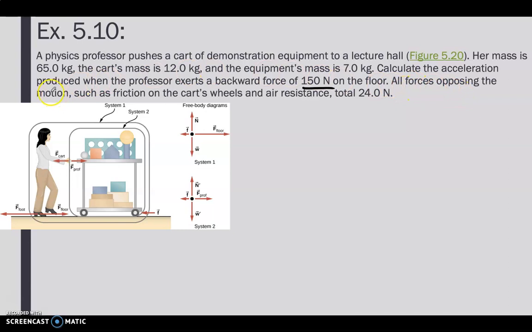All forces opposing the motion, such as friction on the cart's wheels and air resistance, total 24 newtons.